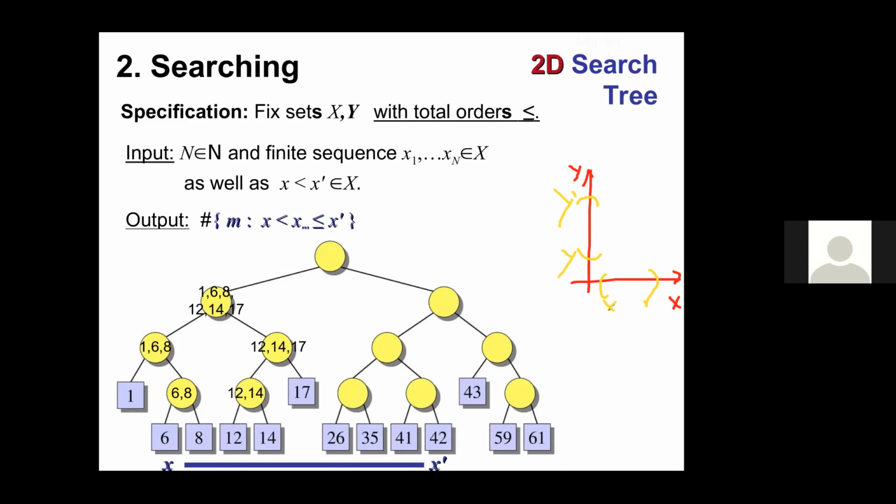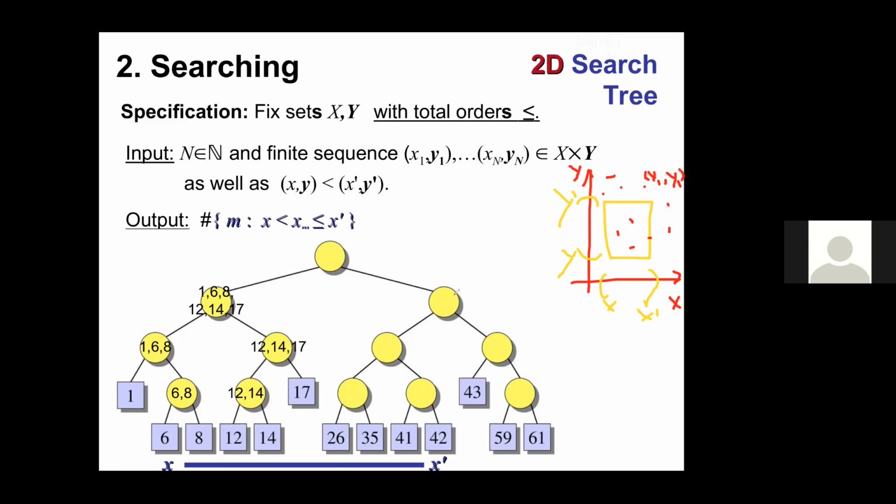Then you have a rectangle in the plane. And you have some points xi, yi in the plane, and you want to count how many are in this rectangle. So this is a rectangular count.